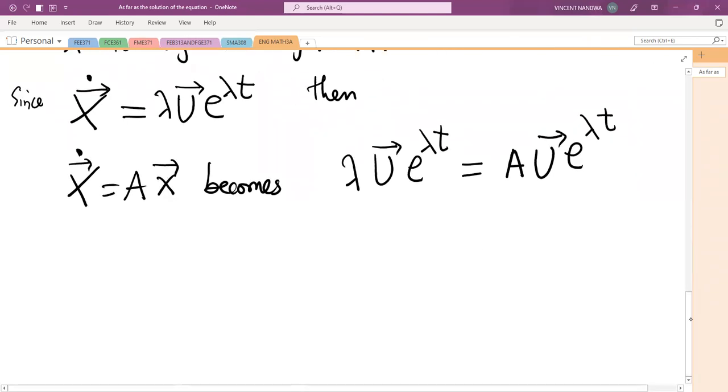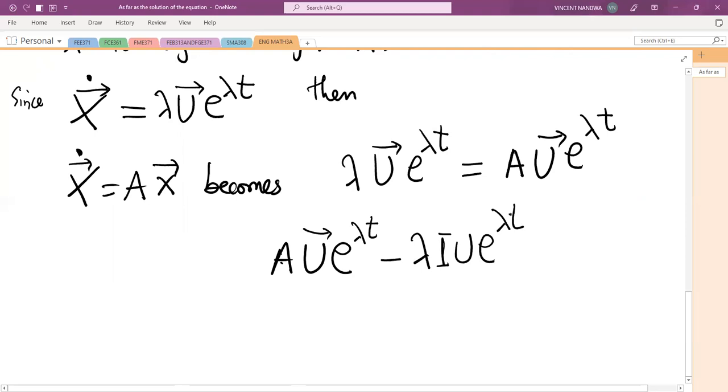This can be written by bringing this to the other side, so we have A u e raised power lambda t minus, because this is a matrix, for us to take all these terms to one side we have to introduce an identity matrix of the same order as A. So lambda I u e raised power lambda t gives us a zero vector, because now these will be purely vectors.